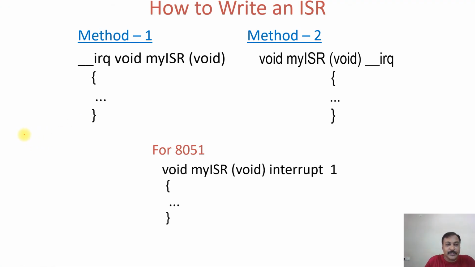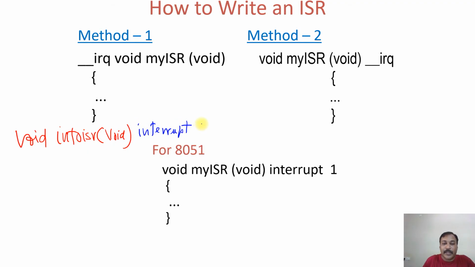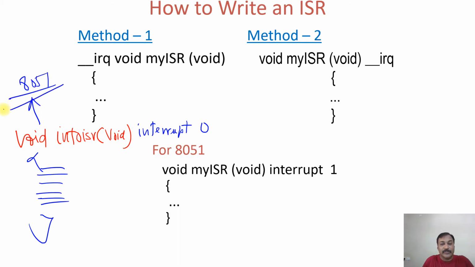What is the syntax we used? void, name of the ISR, say int0 ISR, void followed by the interrupt keyword, interrupt followed by the priority number, and the body of the interrupt service routine. This is how we wrote it in 8051. So an interrupt service routine is distinguished by this interrupt keyword followed by the priority number in 8051.